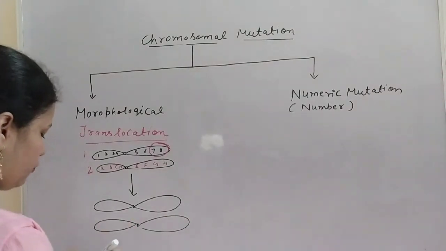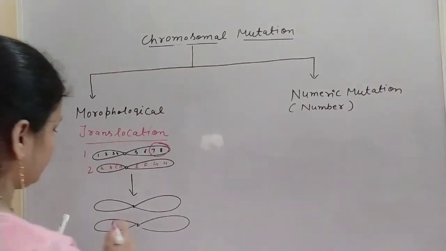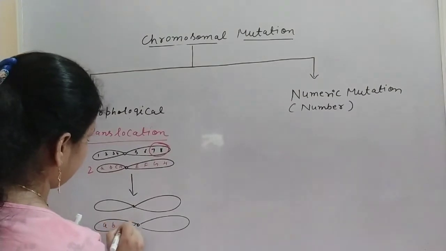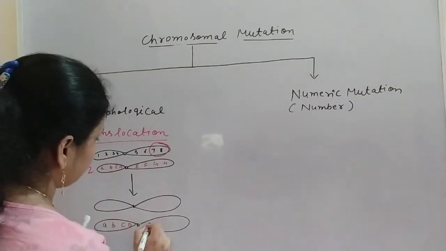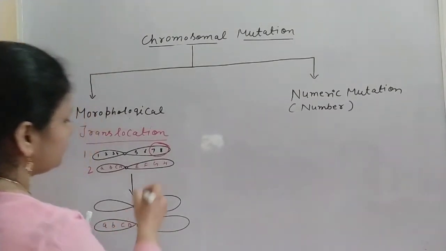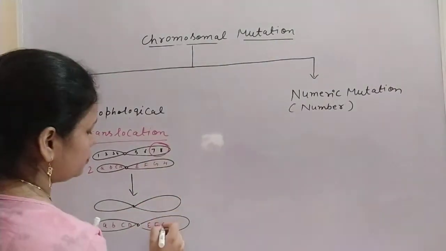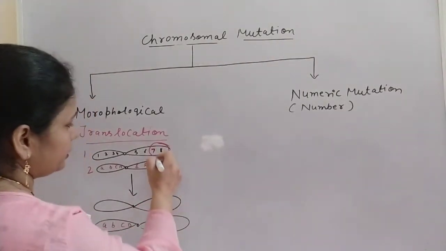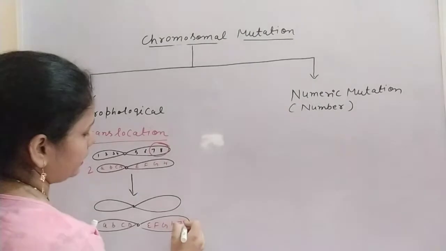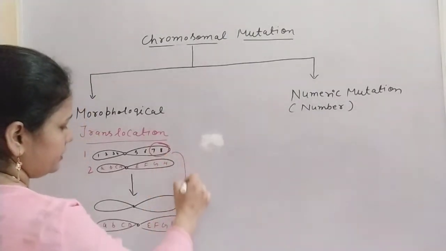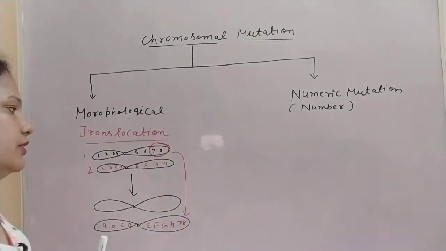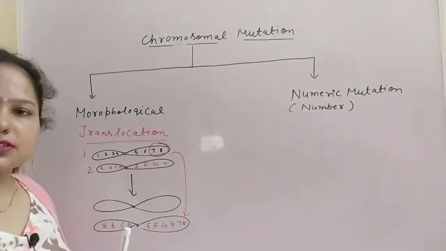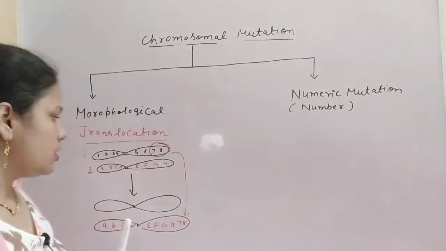And in the second chromosome, firstly A, B, C, D, then E, F, G, H are also there, but this 7, 8 is inserted in the second chromosome. So it is the translocation.